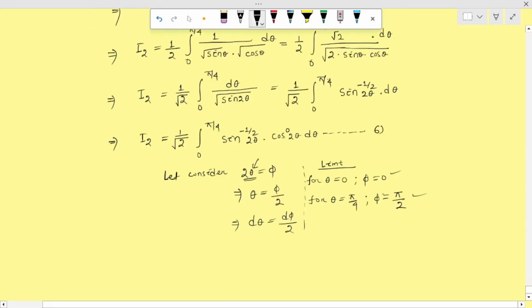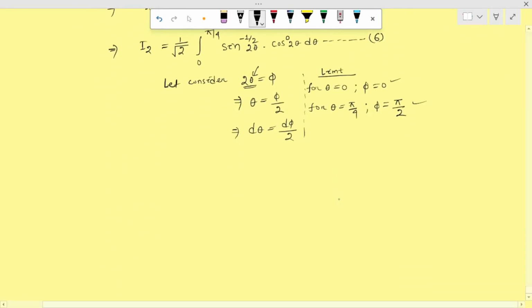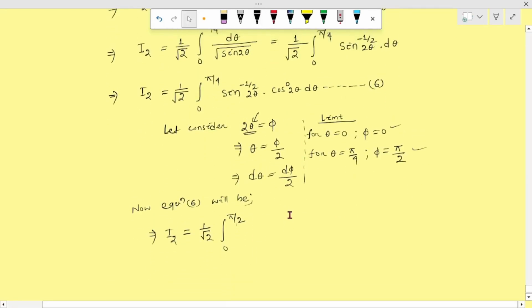Now equation 6 will be, that implies I2 will be equal to 1 by root 2, integral from 0 to pi by 2, which are the new limits, of sin to the power minus 1 by 2 of phi, instead of 2 theta we have to write phi, into cos to the power 0 phi, instead of d theta we have to write d phi by 2.